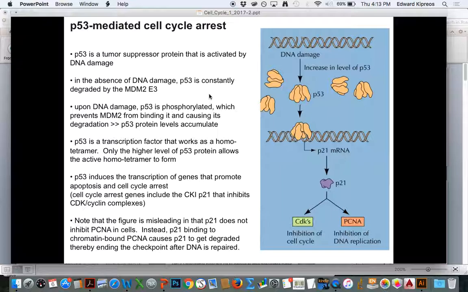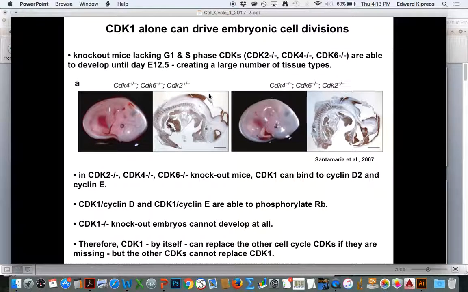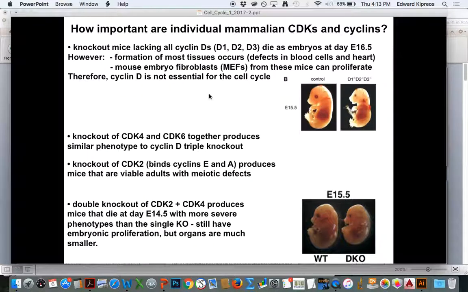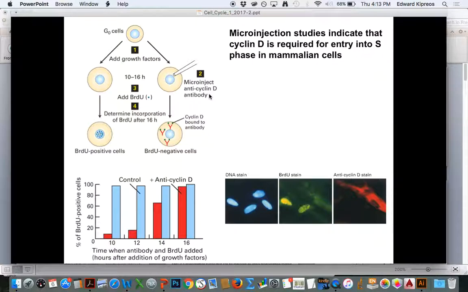Before, you said cyclin, you get into S phase, right? Well, I said that tissue culture cell experiments suggested that. But then when you actually knock it out in a mouse, it's not. You've got to take these with a grain of salt anyway, because they're just looking over a period of 16 hours.